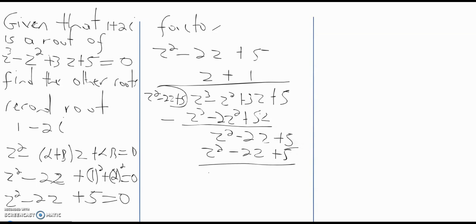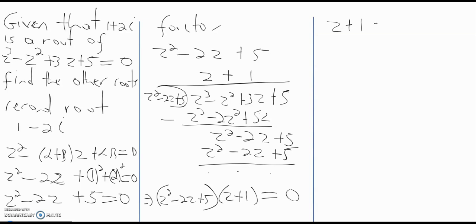And right away we realize that our remainder is 0, so we know that our factor is actually correct. Now this implies that z squared minus 2z plus 5 times z plus 1 is equal to 0. And this is how we get our roots. Since we already found the other roots, the only one we need to find now is using the factor z plus 1.